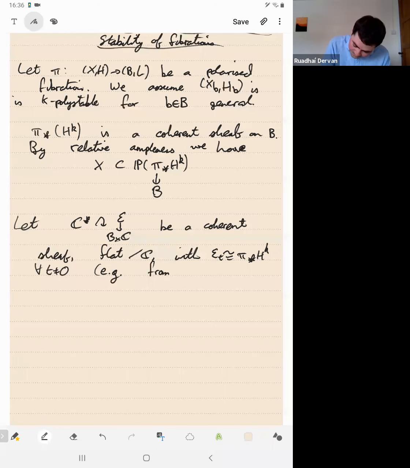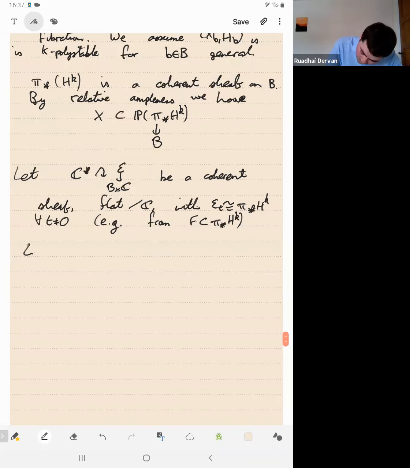In particular, if you take any subsheaf or subbundle F of π_*H^k, the so-called turning off an extension trick will produce one of these degenerations, from π_*H^k to F direct sum π_*H^k/F. So these are something you can produce in abundance.